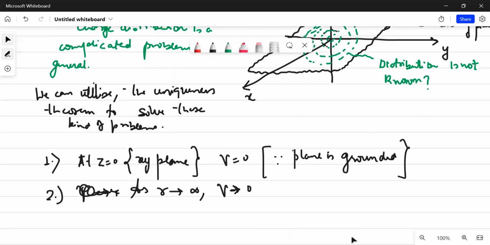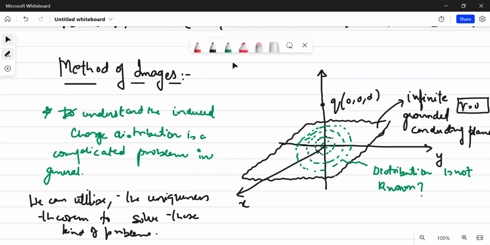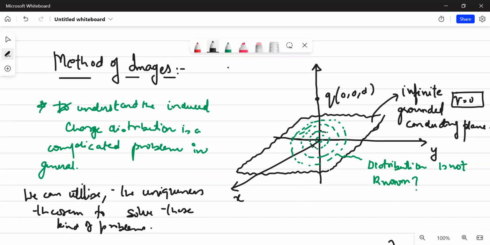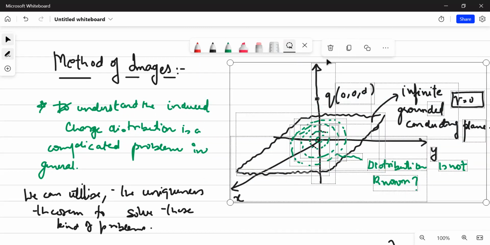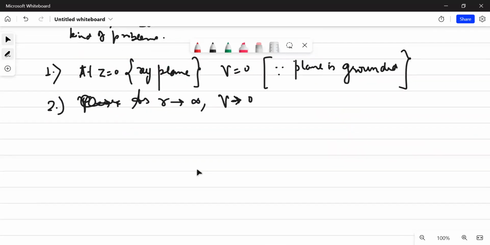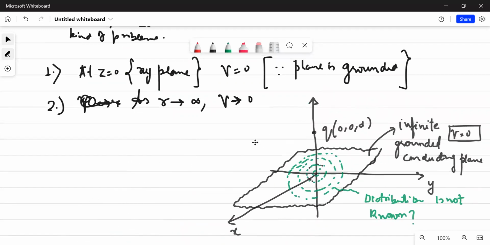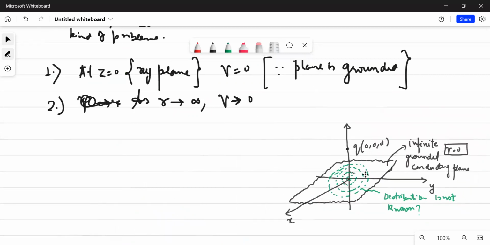I'll write it once again so that things are clear. So this was the problem that we were actually stuck in.